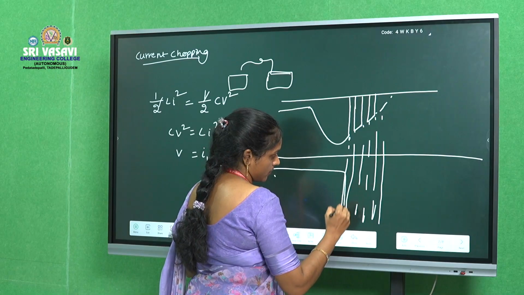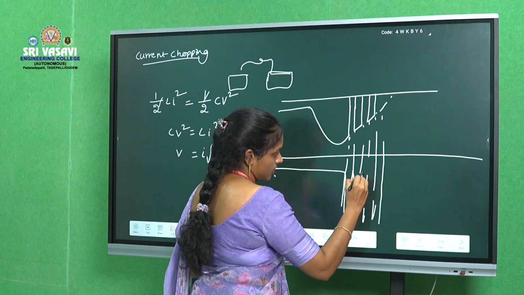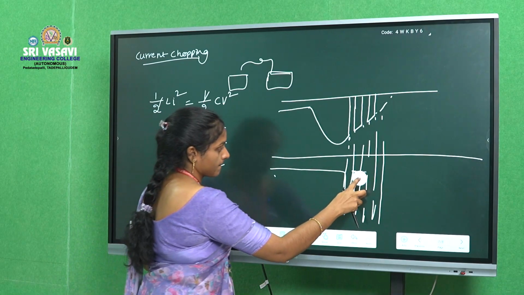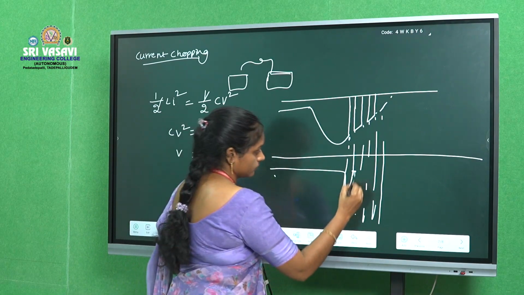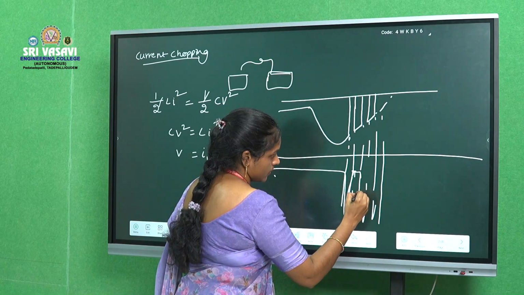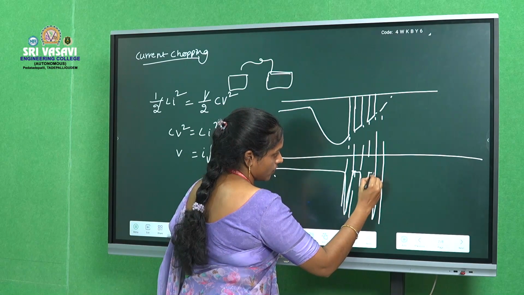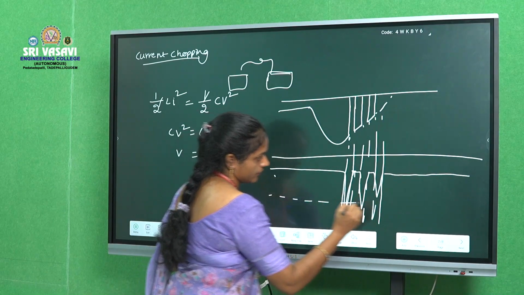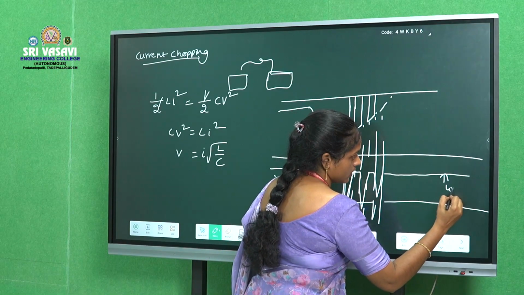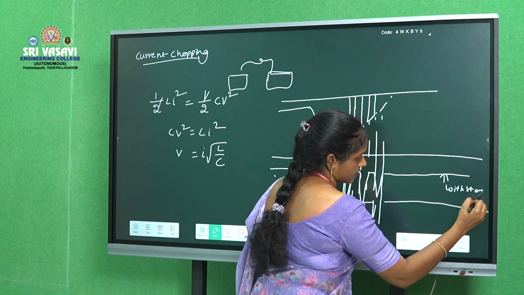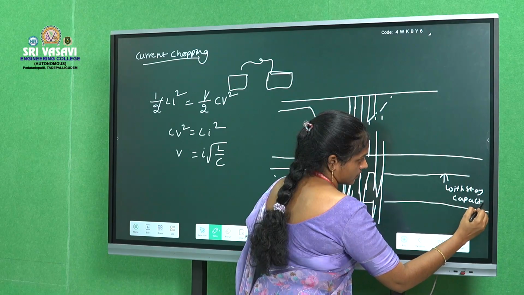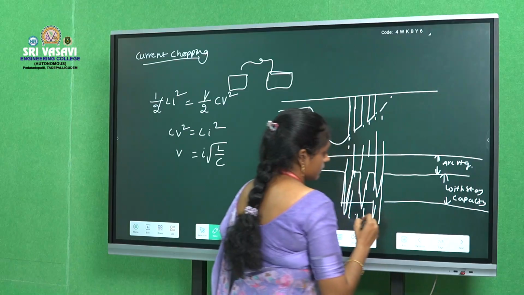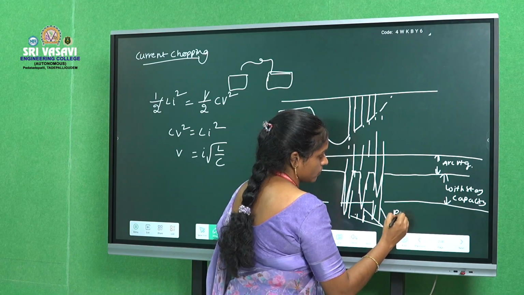These voltages should be less than the withstanding capacity of the circuit breaker. Here it is the withstanding capacity, and here it is the arc voltage. These three are the prospective voltages.